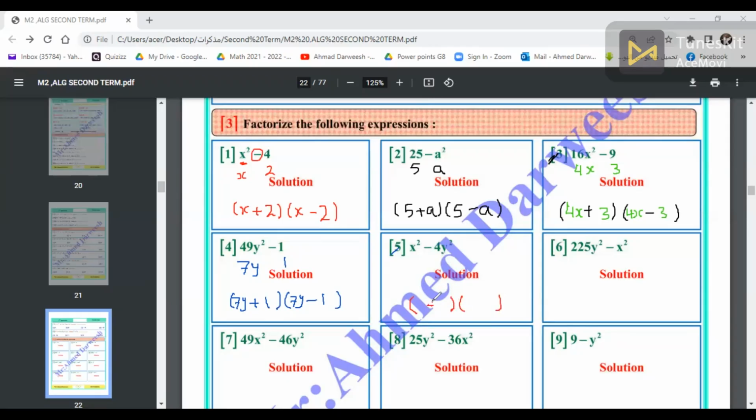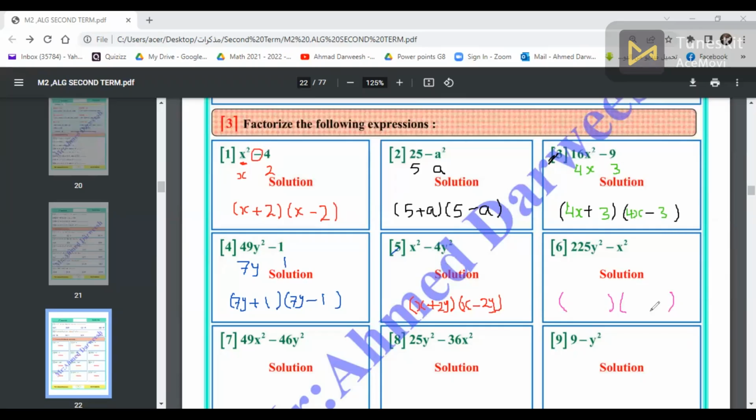Don't forget the positive and negative. Negative, positive, doesn't matter. It's x squared, so we write x and x. 4, it's 2y and 2y. Again, can you do it here? Who can?